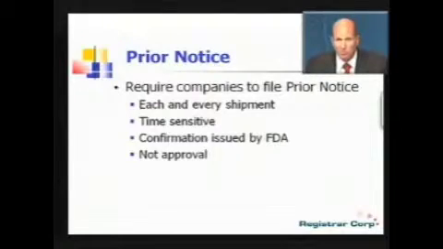It's impossible for them to look at everything. In fact, FDA only inspects less than 2% of all shipments of food products arriving into the United States, so it's a very, very small number of shipments that are physically looked at. Part of that goes back to the information submitted in the prior notice. It allows FDA to focus their resources on what they consider to be the highest risk shipments.